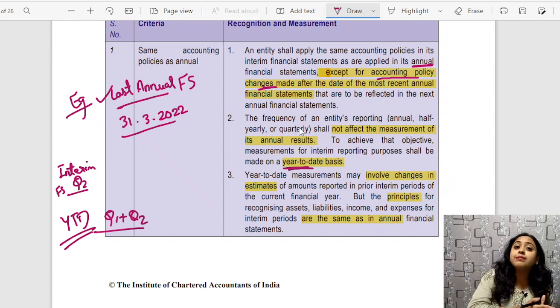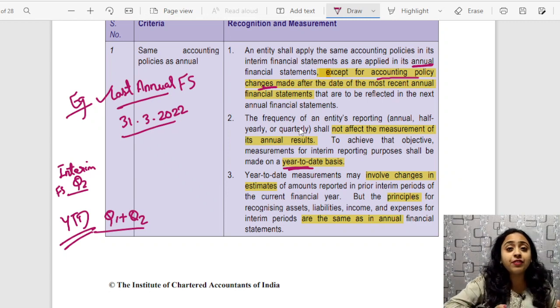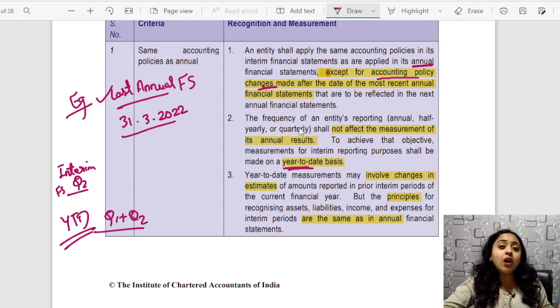This is an estimate change. You were previously assuming 2% in the last annual financial statement, and in the interim financial statements for quarter 2, your estimates have been revised and now it is 5%. So this will be considered.